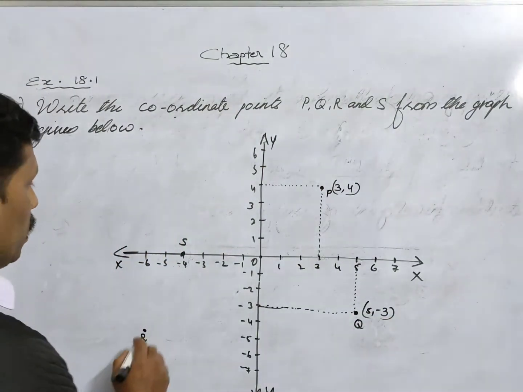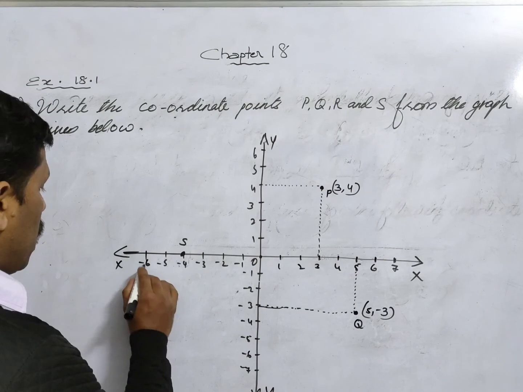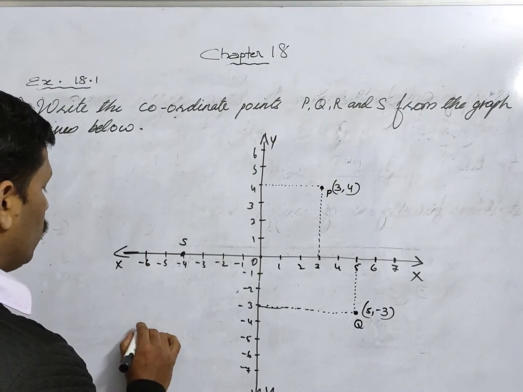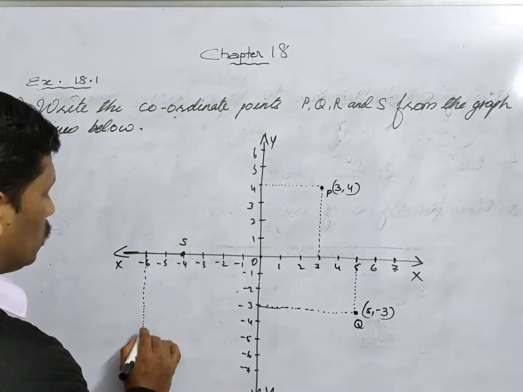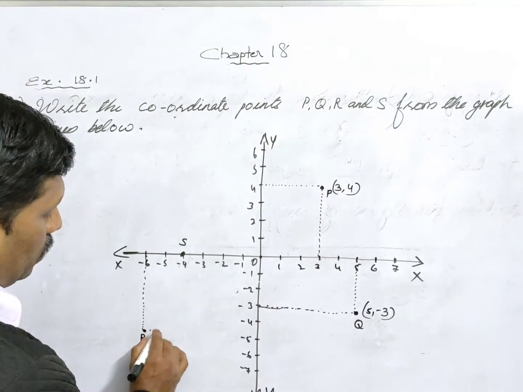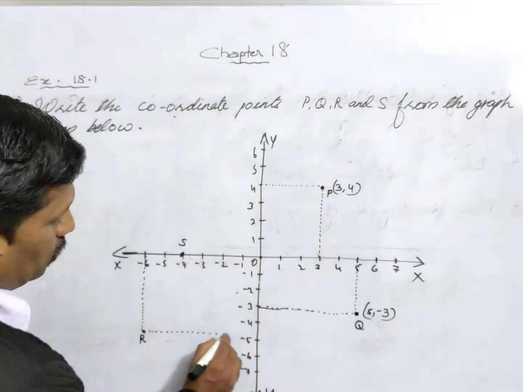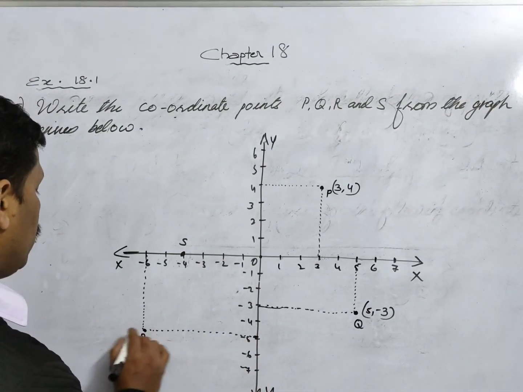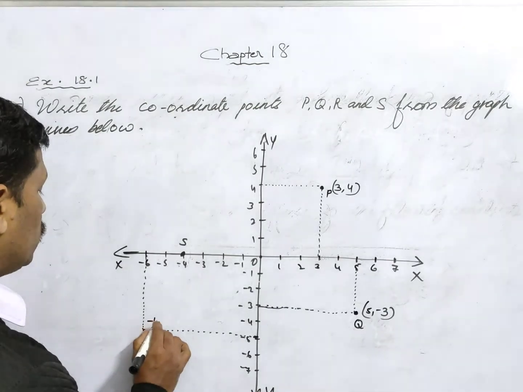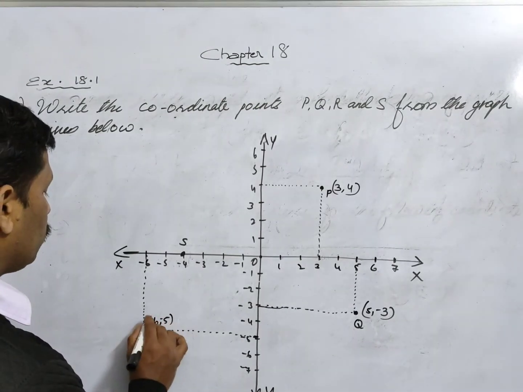And next R. From R we draw a perpendicular line to the x-axis, then it reaches negative 6, and here we draw a dotted line to here, then it reaches 5. So here coordinate points are negative 6 and negative 5.